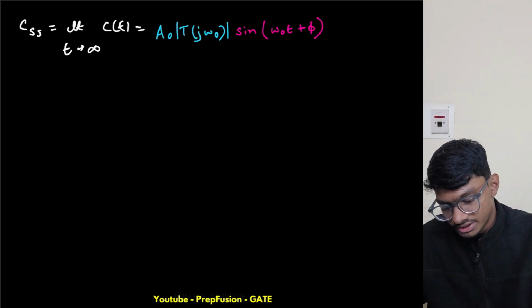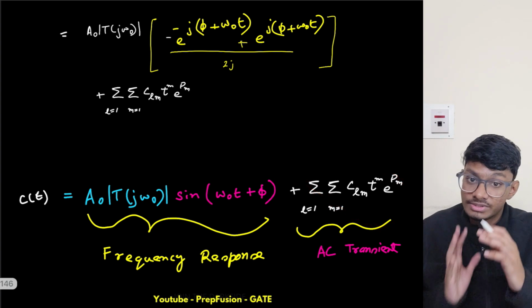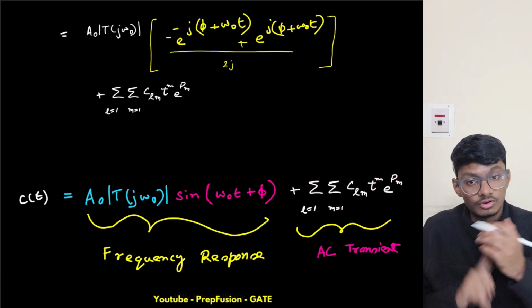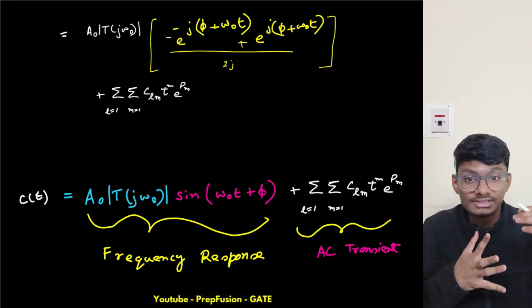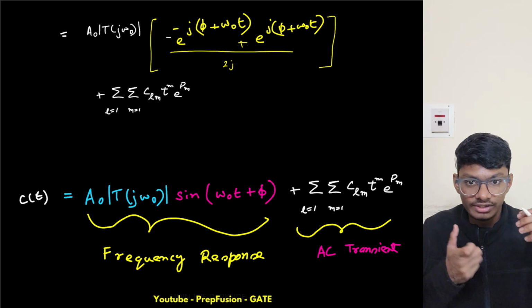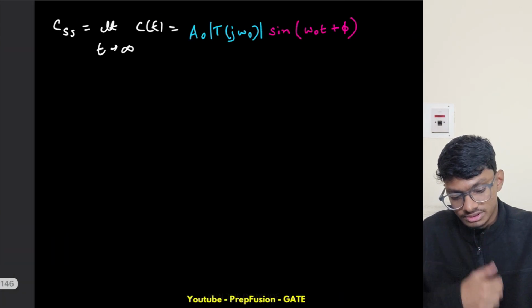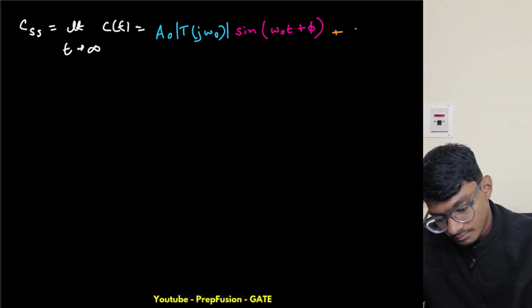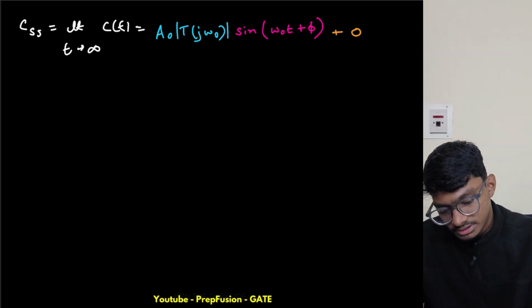Now what has happened to this one? As my system is stable, all the poles are on the left hand side, as explained earlier. This exponential will always have a negative term, and as t increases, this will reduce, e raised to the minus t, let's say. So as t tends to infinity, it goes to 0. Why?